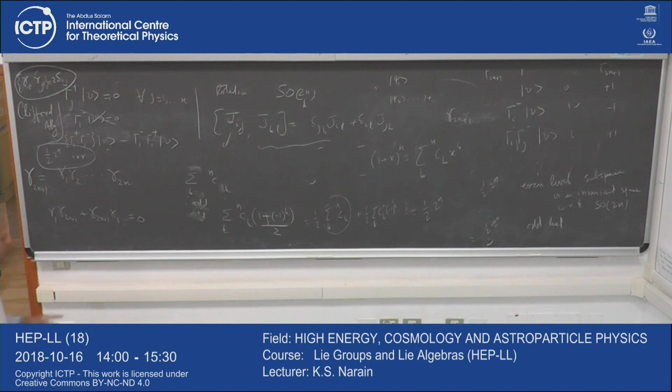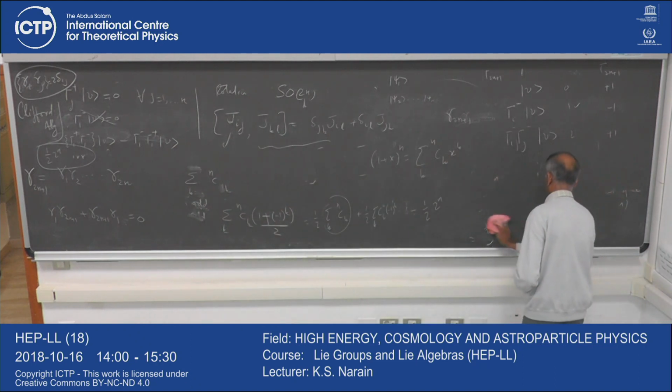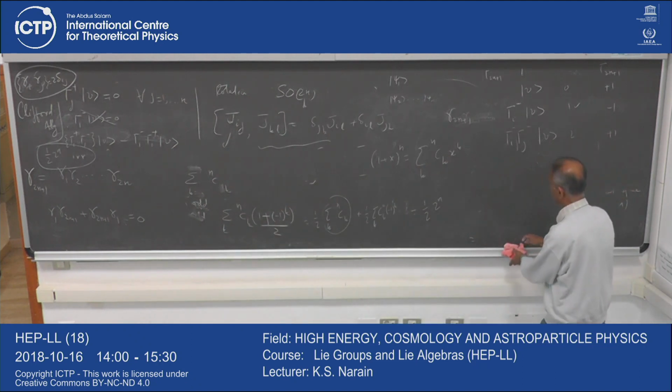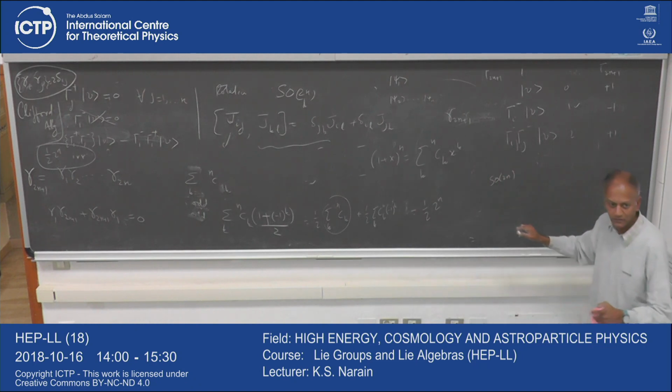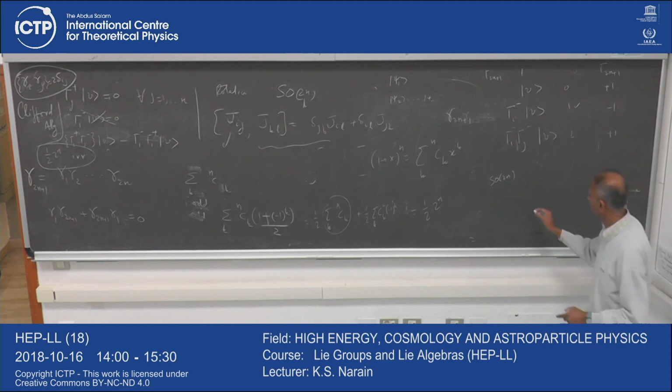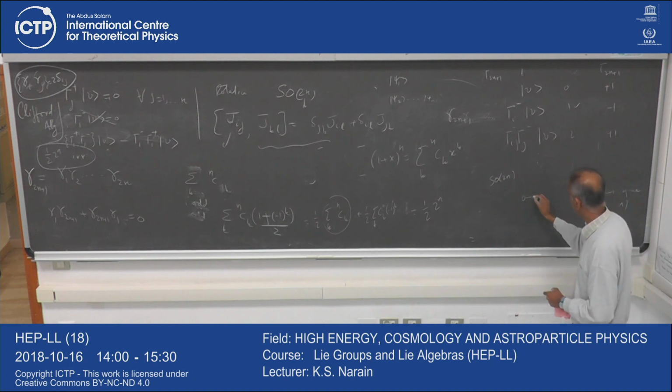And incidentally, since we discussed the Dynkin diagrams, the Dynkin diagram for SO2n, I just mentioned that to you without giving any proof or anything like that. The rank is n. Cartan subalgebra is n dimensional. So it will have n points, and the diagram is like this.